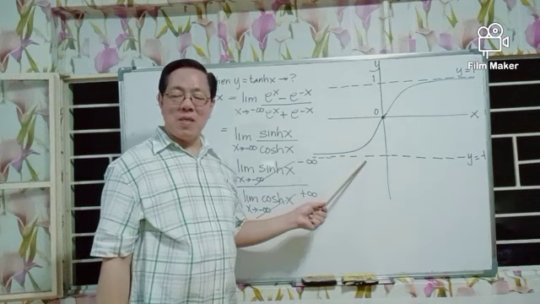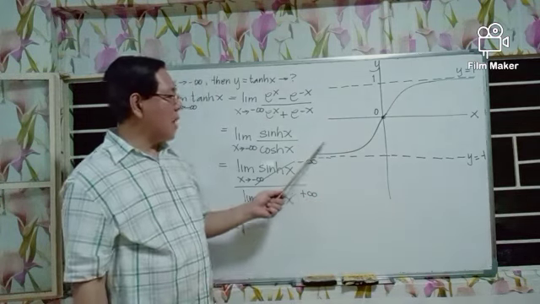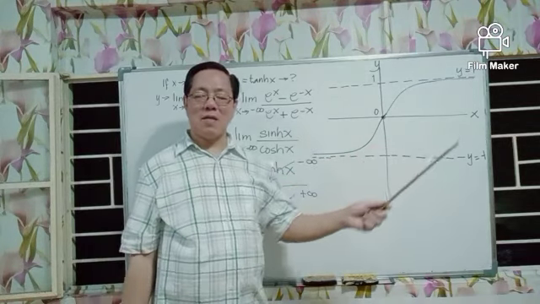Hence, the line y equals negative 1 is also a horizontal asymptote for the graph of the hyperbolic tangent function of x.